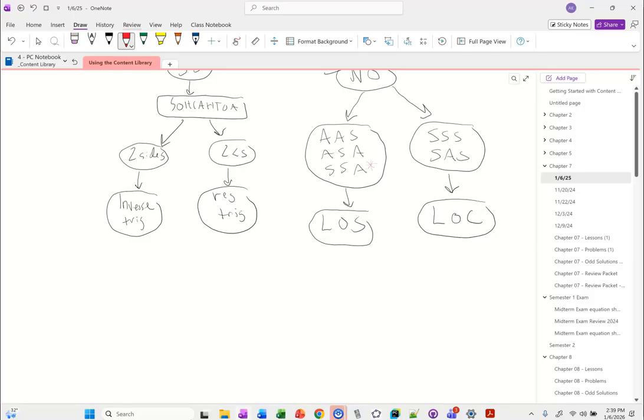I'm going to put a little asterisk next to the side-side-angle situation, and I'm going to put the same asterisk next to the side-angle-side situation.